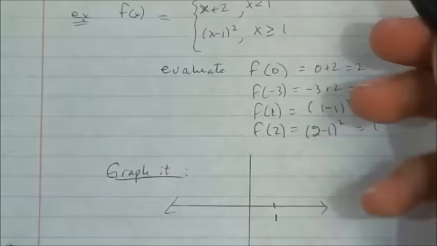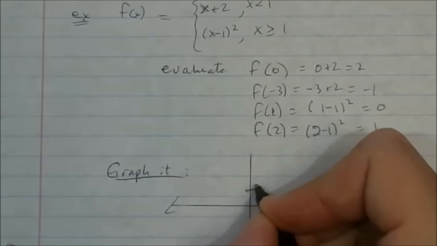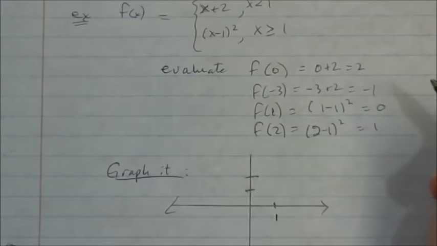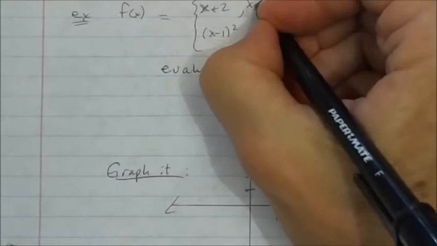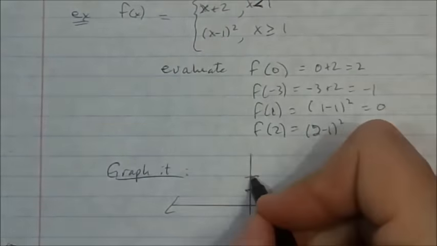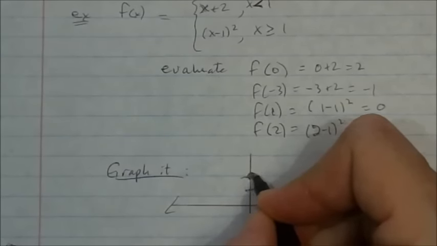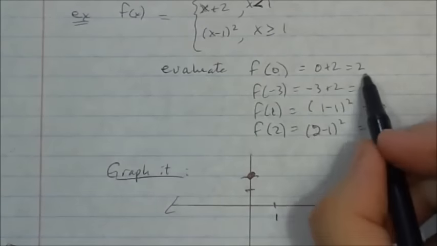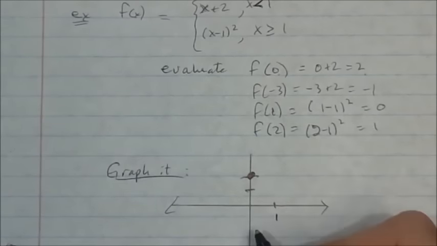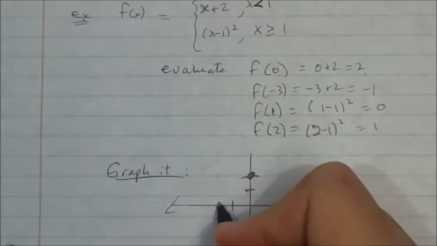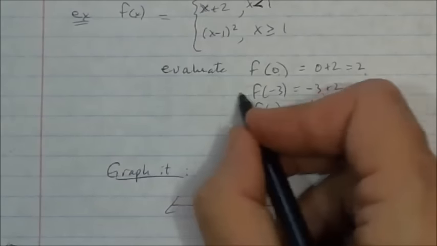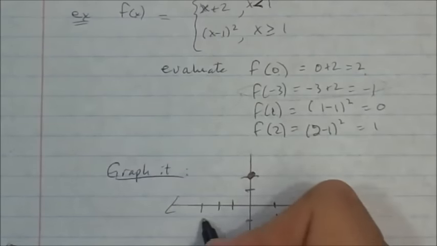Well, x plus 2 is a linear function with a y-intercept of 2 and a slope of 1, but that only happens when x is less than 1. So (0, 2) is on this graph. We've already figured that out. (Negative 3, negative 1) is also on this graph. We figured that out when we evaluated this. Negative 3, negative 1.